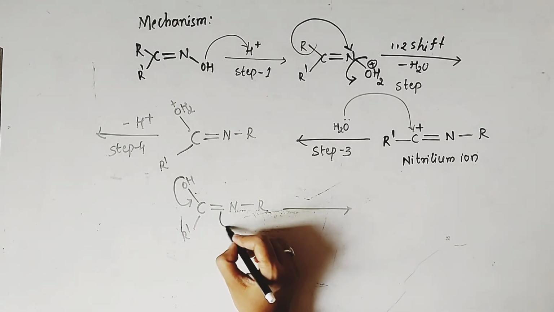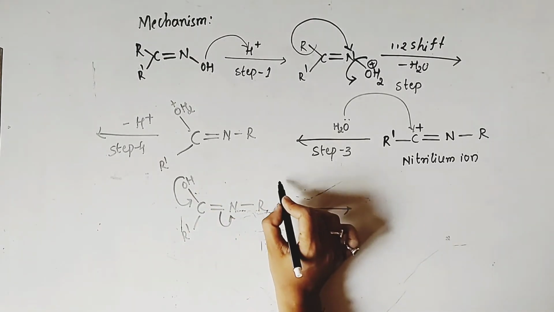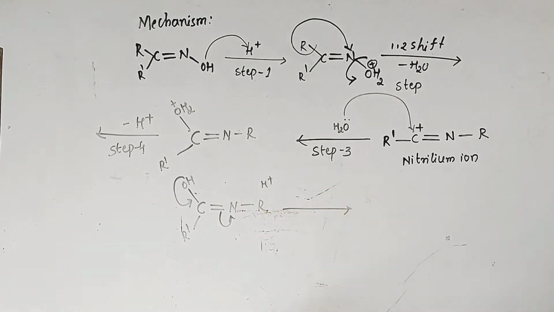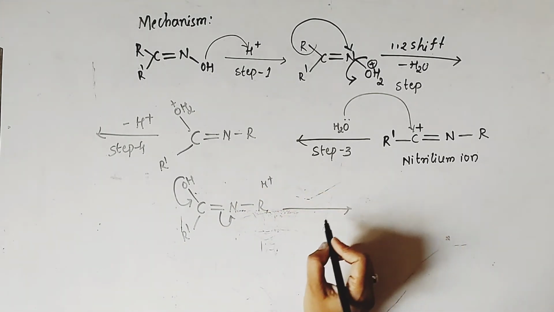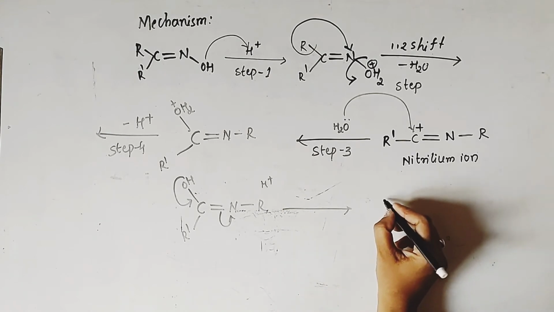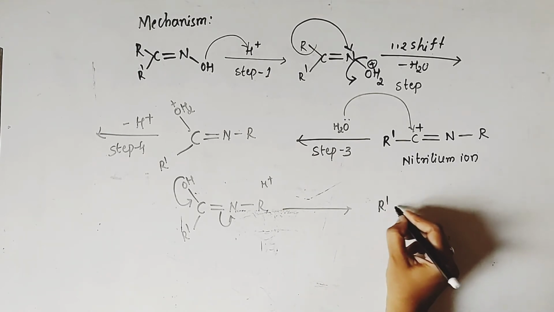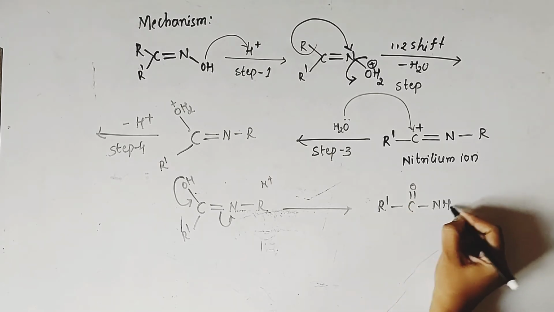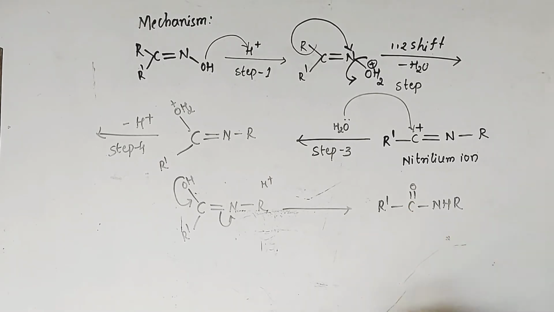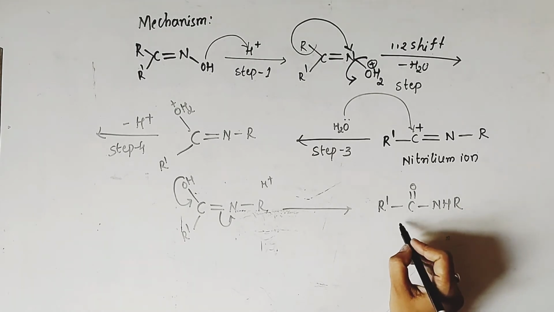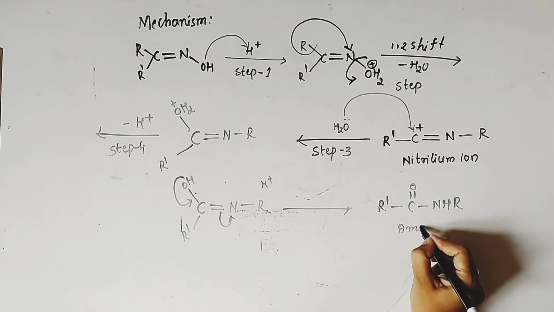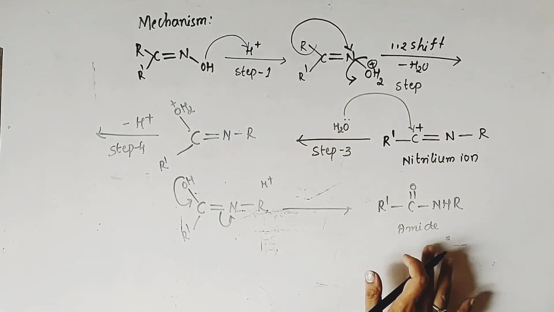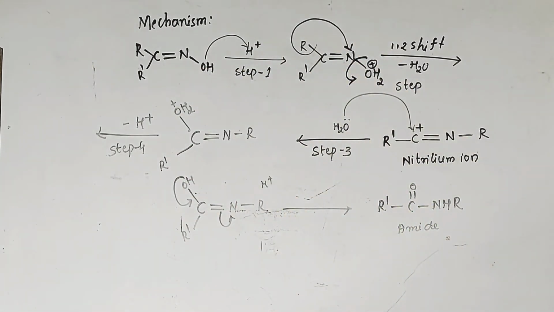So this bond shifts here, and now H plus is available, so that H plus will attack this position. So now what we will get is R dash CO NH R. So this is our amide. So that is, ketoxime is converted into amide through the acid catalyzed reaction.